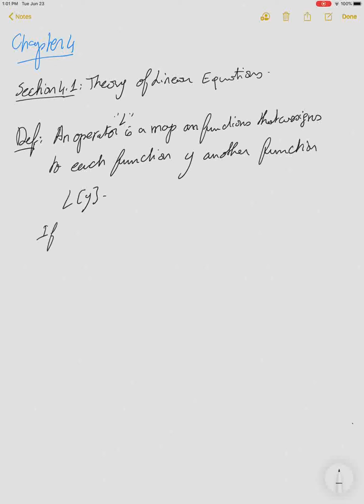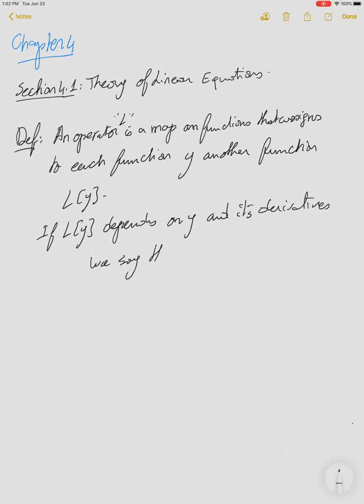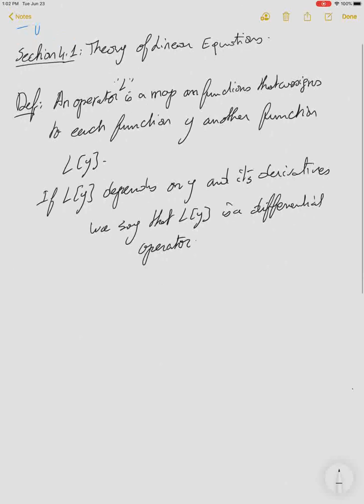Now if L of y depends on y and its derivative, we say that L of y is a differential operator. Okay, so this is the definition of a differential operator.